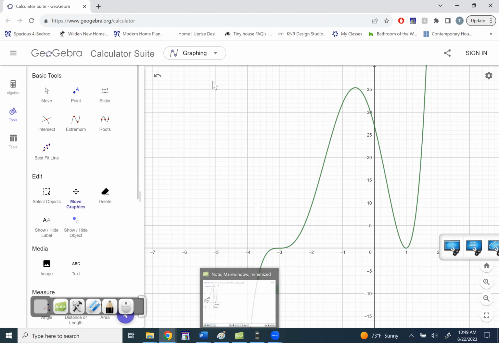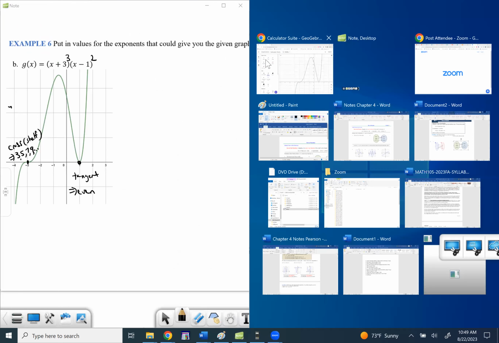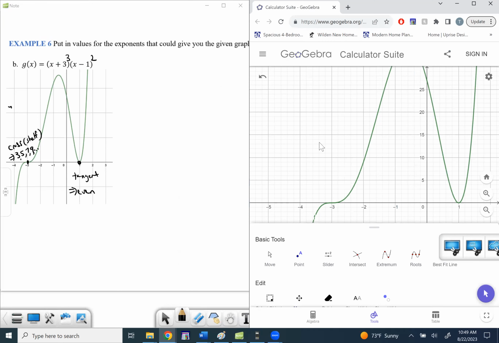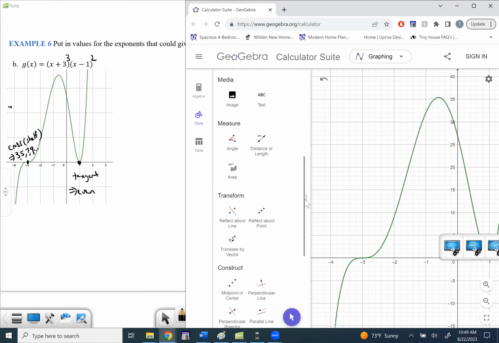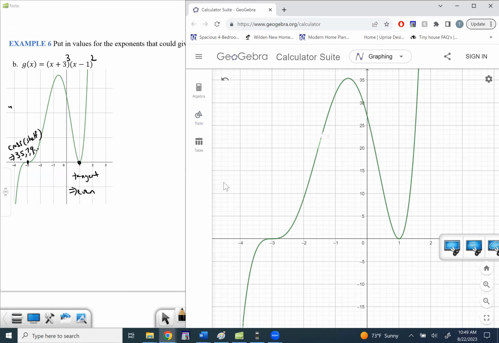Let me go back, pull it up. Oh yeah, that is good. It's a little bit bigger. And then let's hide this. Look at that. That's spectacular.